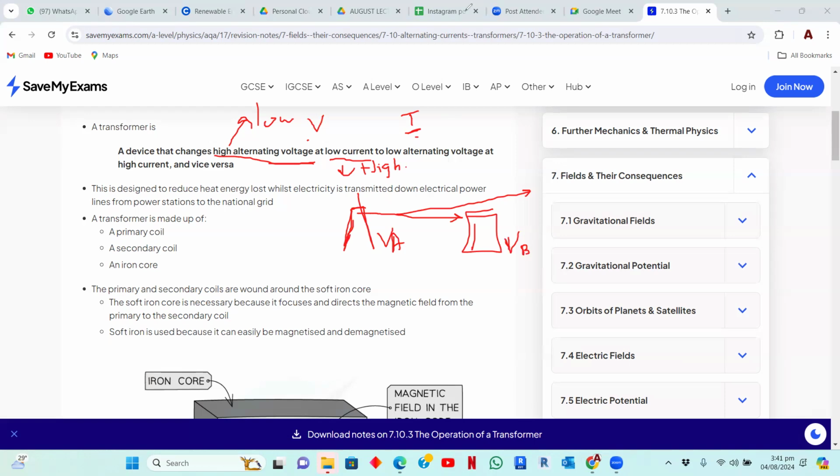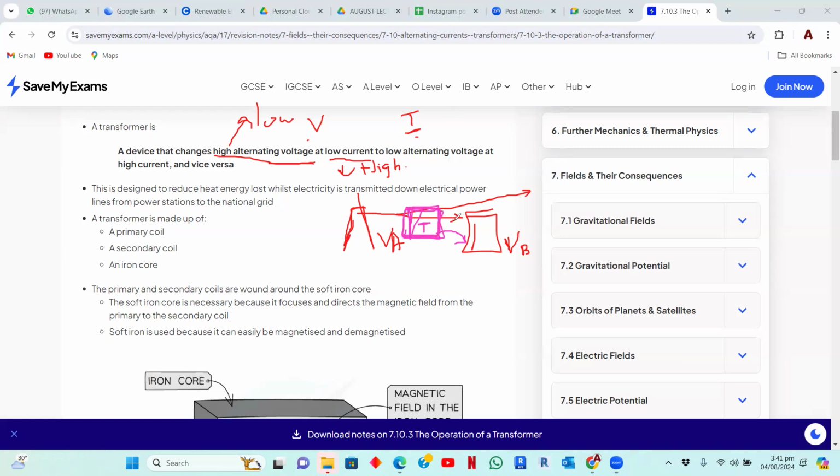That is when a transformer will help you. This is where you place a transformer. This transformer will convert this higher voltage into lower voltage, this VA into VB. So this is one example of how a transformer is used.